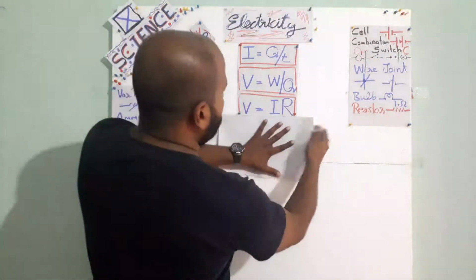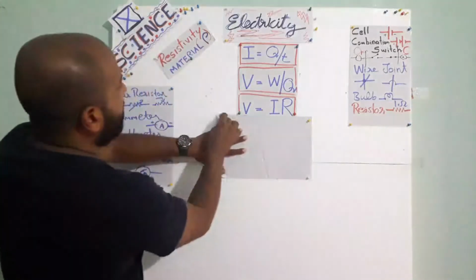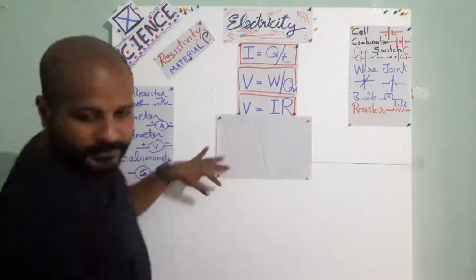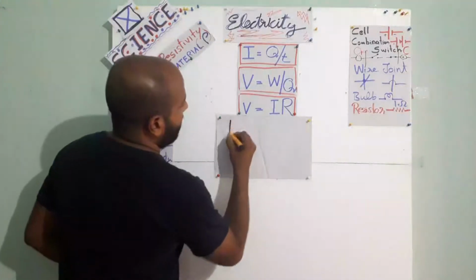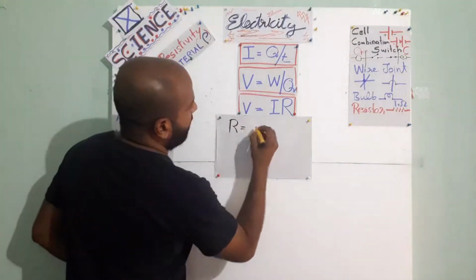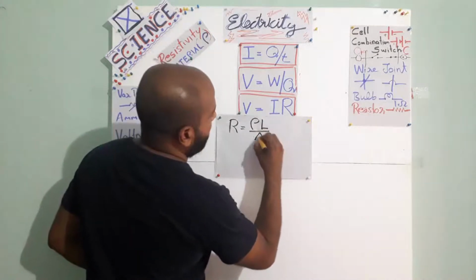Okay, we'll take another paper here. So we have what? Resistance R is equal to rho L by A. Isn't it?